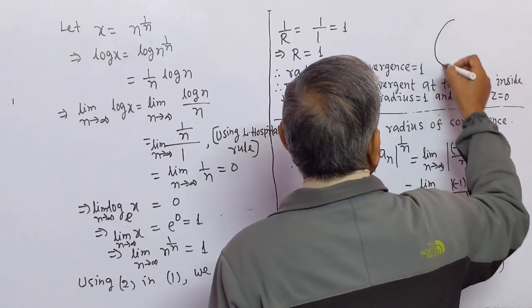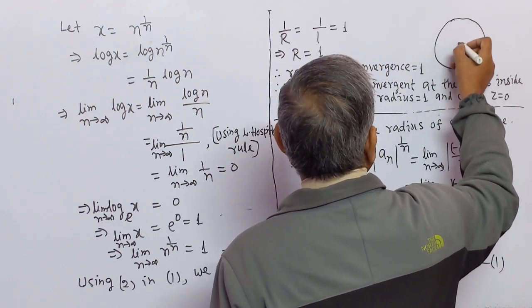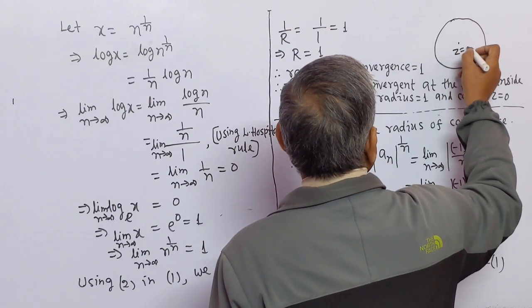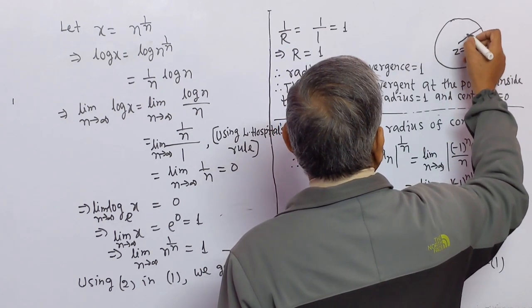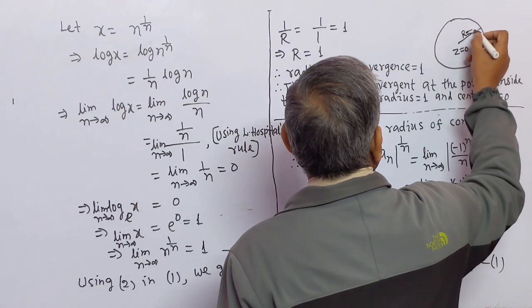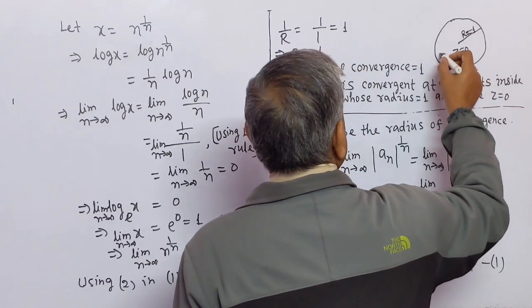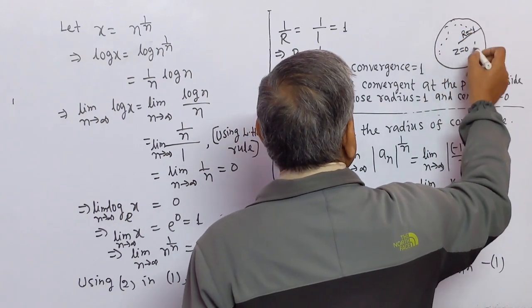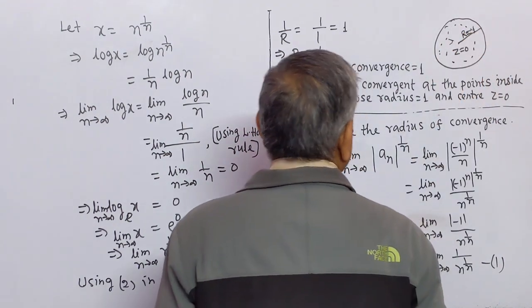That is, if we take this circle whose center is 0 and radius is 1, then the series is convergent at the points inside the circle.